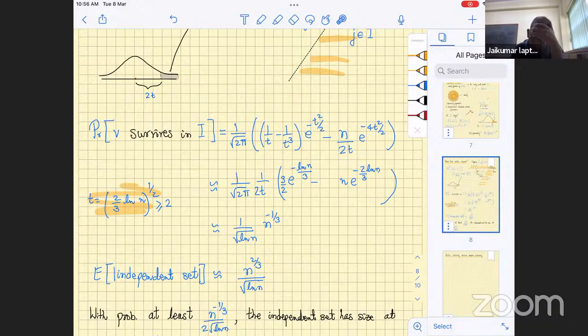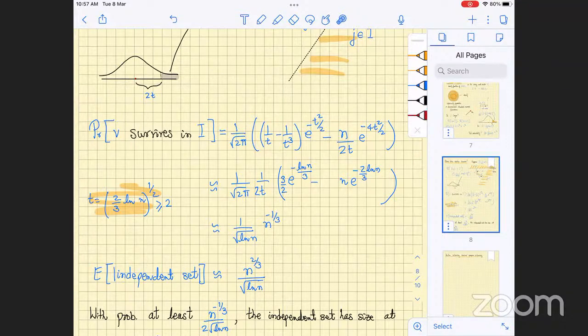Is this correct? Sorry, have I made a mistake? Is this expression correct for this value of t? There should be an extra 2 perhaps.